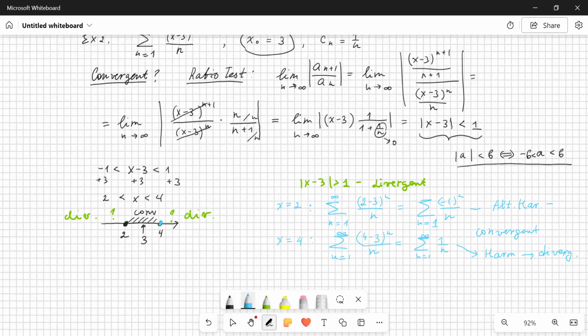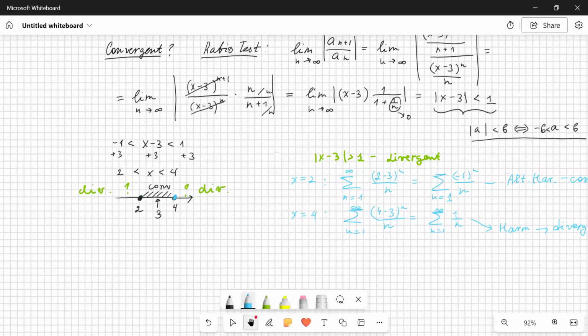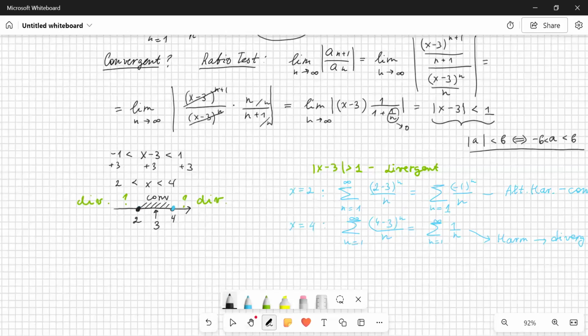Let me put convergent next to the series, otherwise it doesn't look right. Okay, so this one is alternating harmonic, convergent. This one is just harmonic, divergent. And if I write down my solution now, I'm going to write down that x is between 2 and 4.